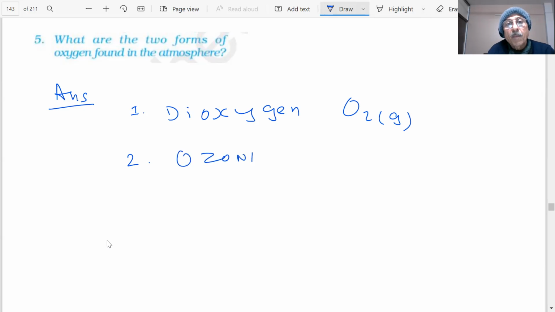In which layer of the earth is ozone present? There are different layers of the atmosphere. We have shown it in the diagram also, because ozone is very important for us.